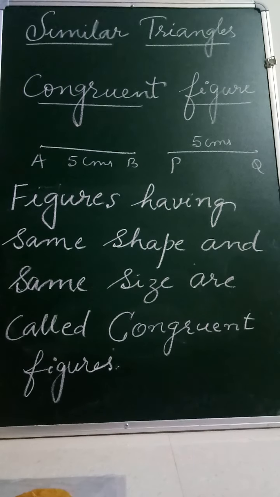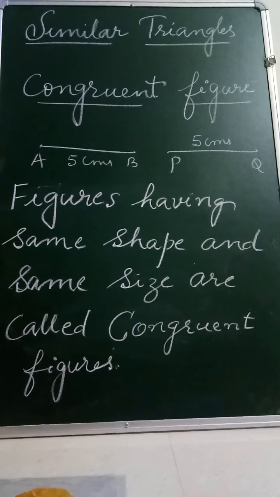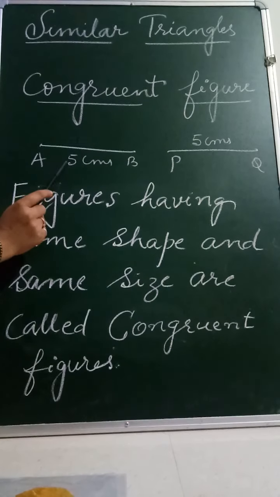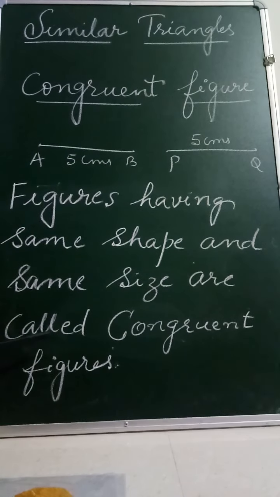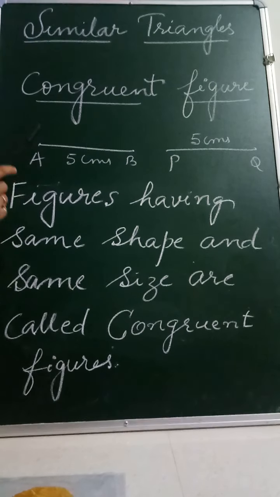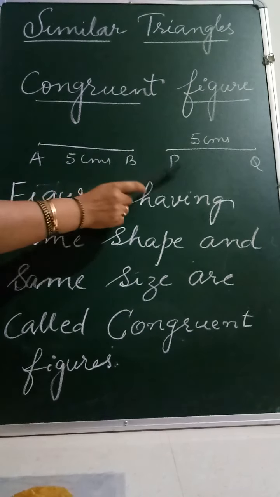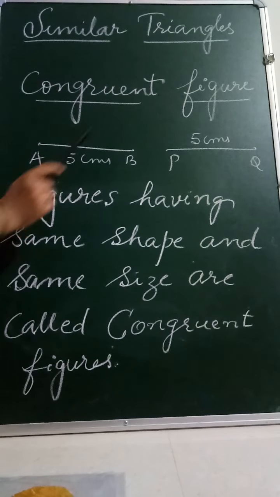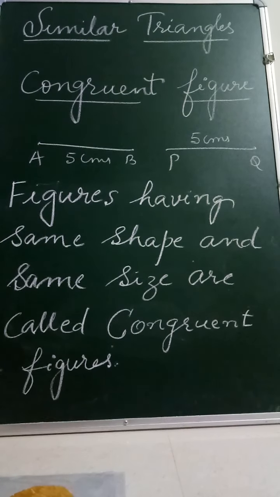similar triangle concept. Here I have drawn 2 line segments, AB and PQ, and their lengths are same. Both the line segments measure 5 centimeters each.